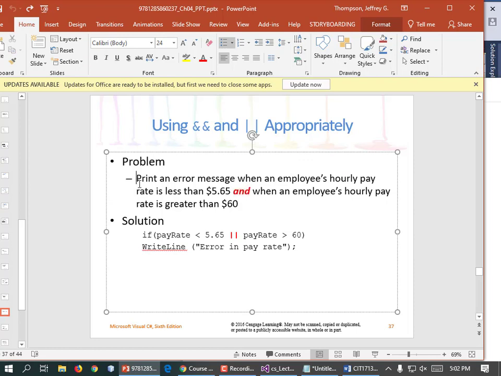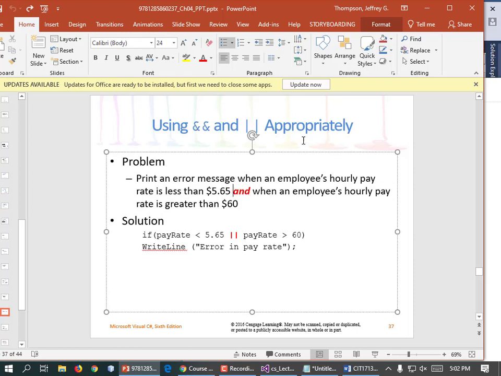But that's the way people speak in English, right? I wanted to print an error under these cases. I wanted to print an error if the pay rate is less than $5. I wanted to print an error if it's greater than 50, right? So not everybody's a programmer, so this is written in colloquial English. It's just not written as a good programmer spec. Now I'm not going to try to trip you up like that.